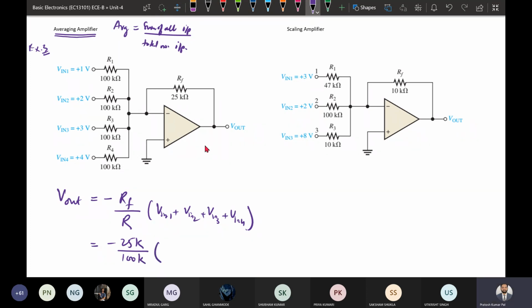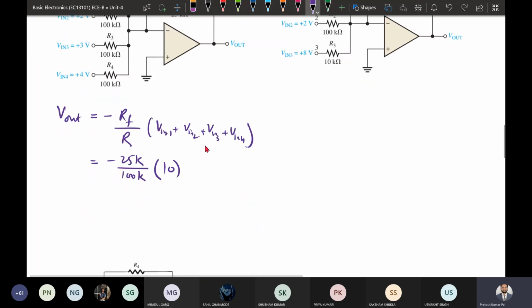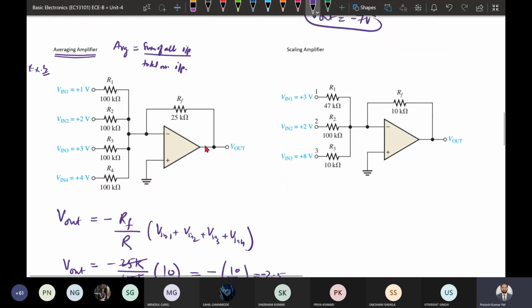So we add all the inputs: 4 plus 3 plus 2 plus 1. 4 plus 3 is 7, plus 3 is 10. And the factor is 1 by 4, since there are 4 inputs, so it has become an average. So 10 by 4, it is minus 2.5. This is our output, so the output is the average of all the inputs. This is how we can use the summing amplifier to implement the averaging amplifier.